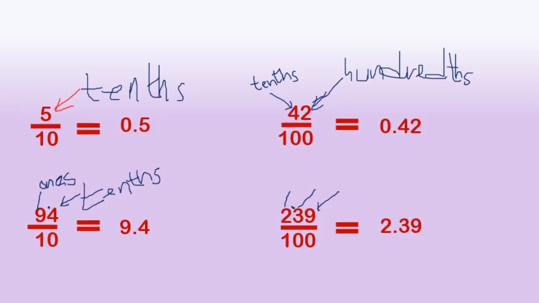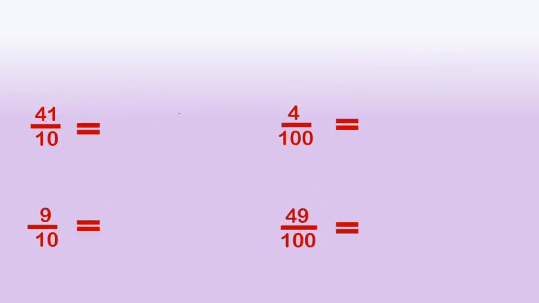Very, very simple. All you need to do is to place your digits of the numerator, and then you are good to go. Let's take more examples. So here, very quickly, we have 41 over 10. Now our denominator is 10, so we start from the 10th column.